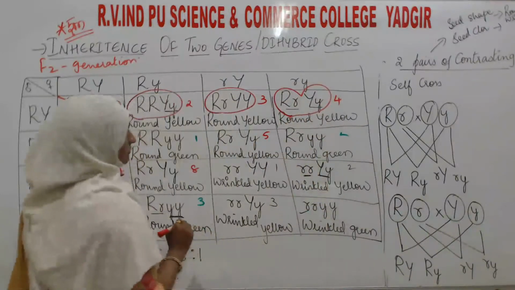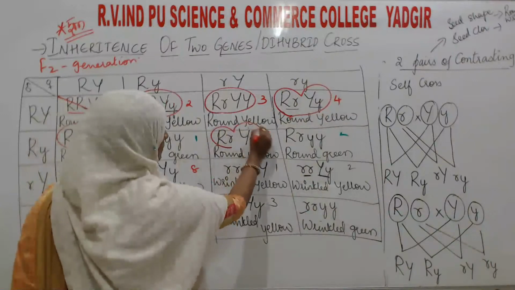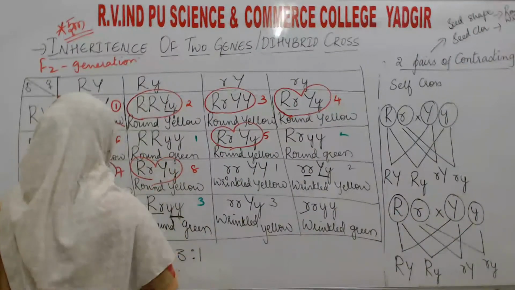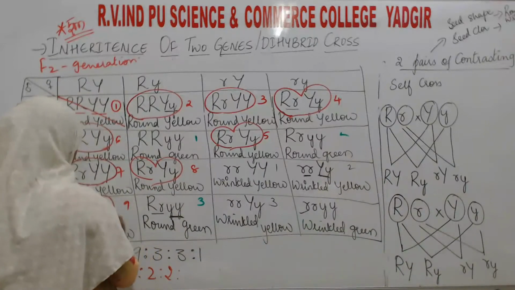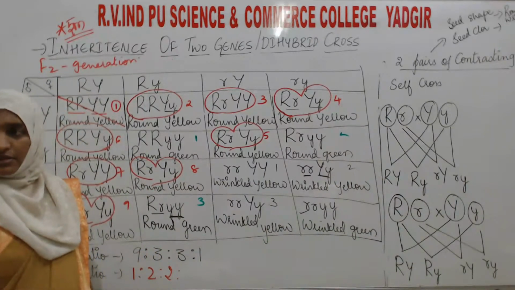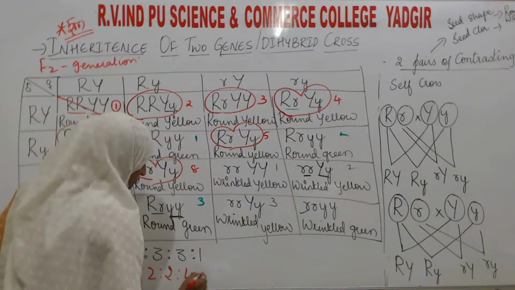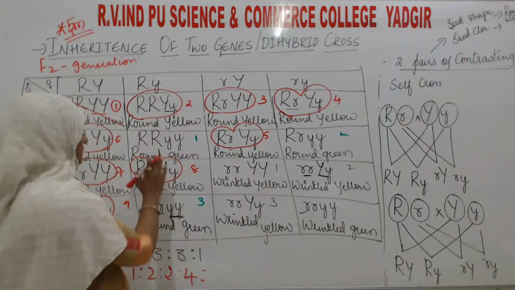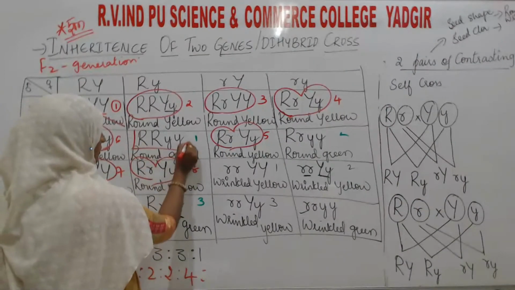Okay. Then 2, then 3, then 4. Okay. 1:2, 2:4.